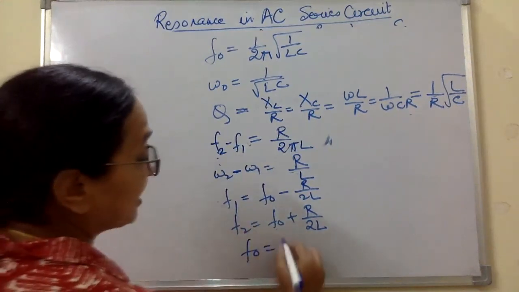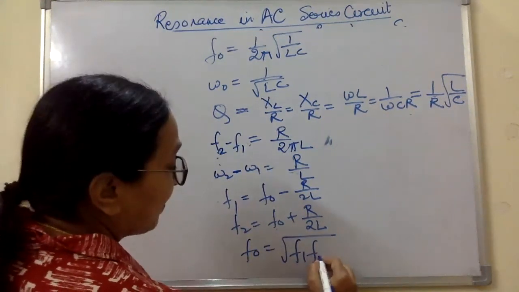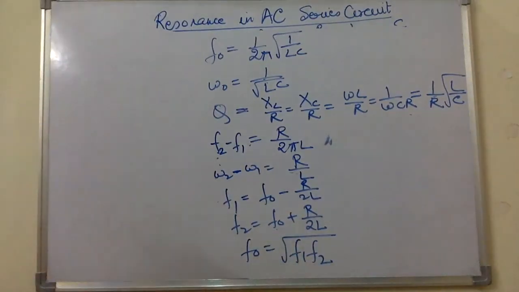So resonant frequency can be given by F0 is equal to under root of F1 F2. So these are the different equations we have tried to derive over here.